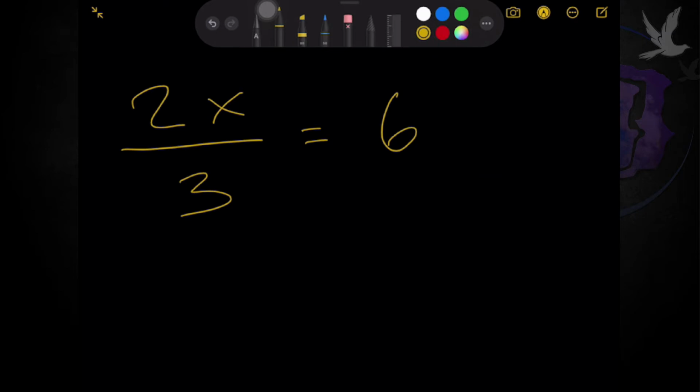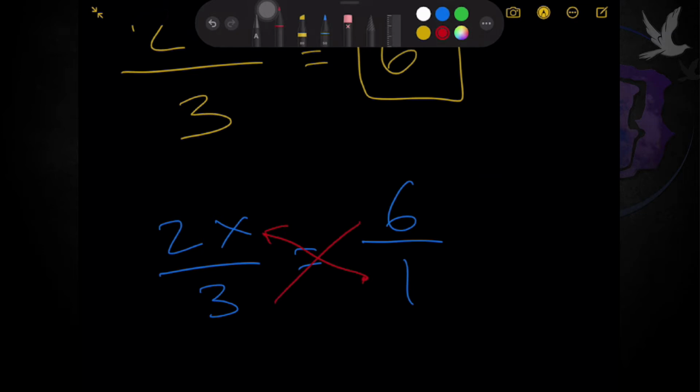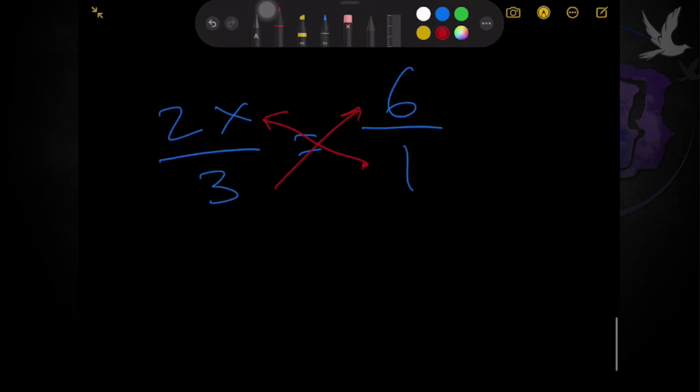Ibabalance out natin, which means that this whole number should be turned into a fraction form. And rewriting it, we now have 2x over 3 equals 6 over 1. Okay, then again, to proceed with the cross multiplication process, 2x times 1 will now give you 2x alone. And 3 times 6 will give you 18.